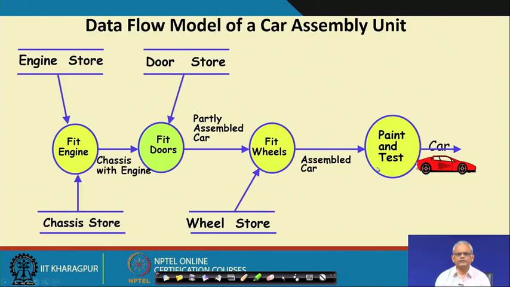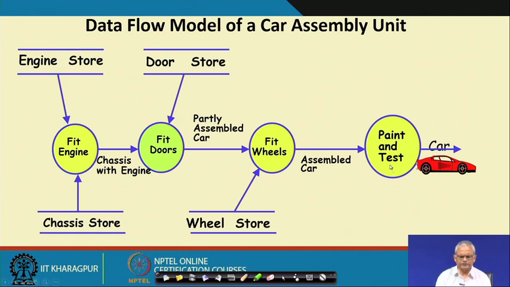The model is extremely simple, as we were saying. Without much effort, we can easily understand a model developed using this. Let us look at this car assembly unit modeled using the DFD notation. Here the processes are fit engine, fit door, fit wheel, paint and test.